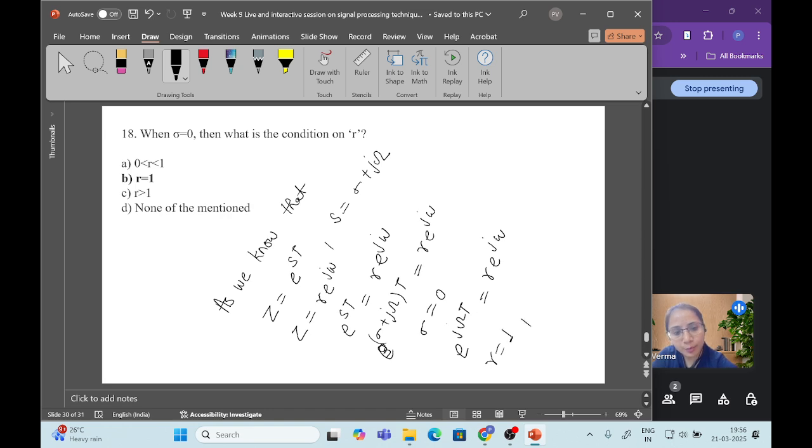And comparing the angles, omega T is equal to omega, the relation between analog and digital frequency. So if sigma is equal to 0, then R will be equal to 1. This is the condition. I hope you have got this question.